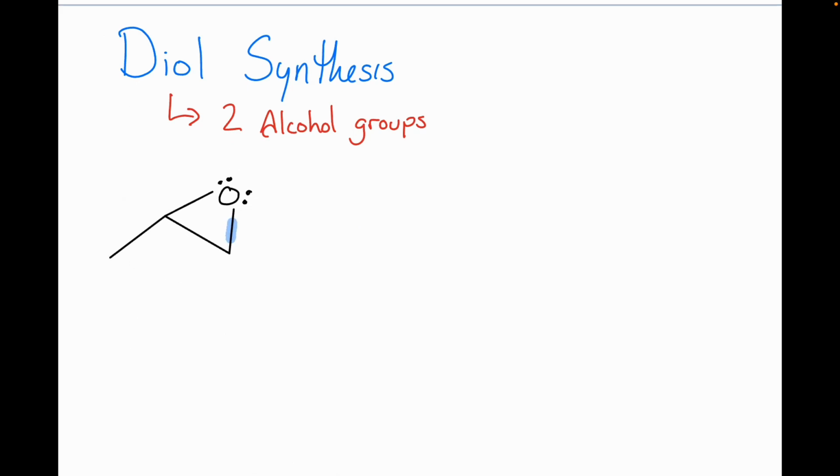All right, so our first one is going to be using that epoxide that we formed. These things really want to react.